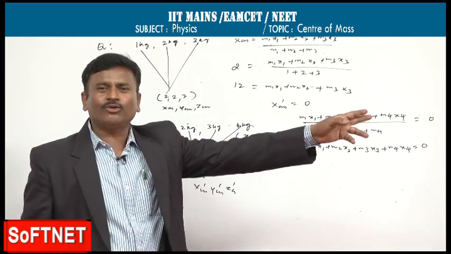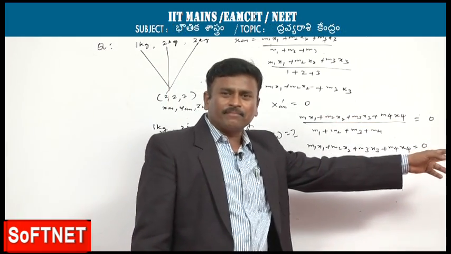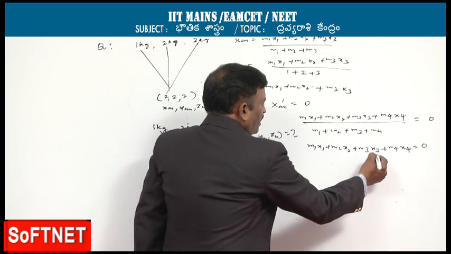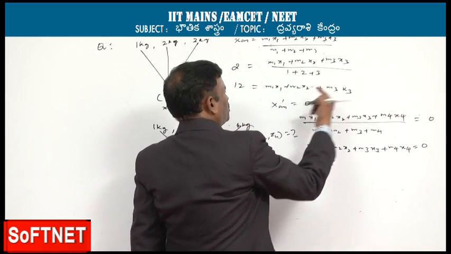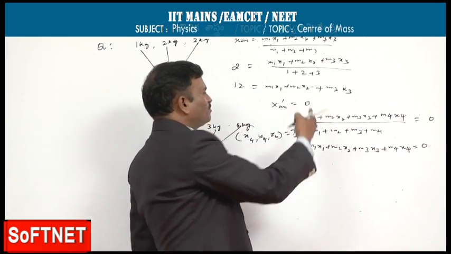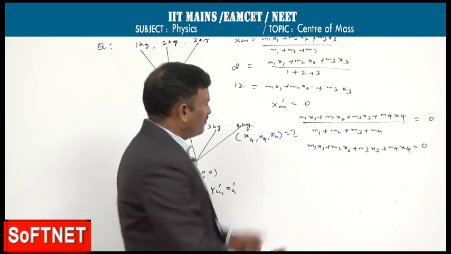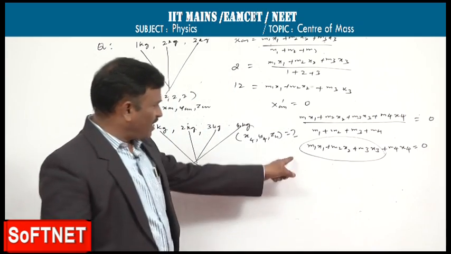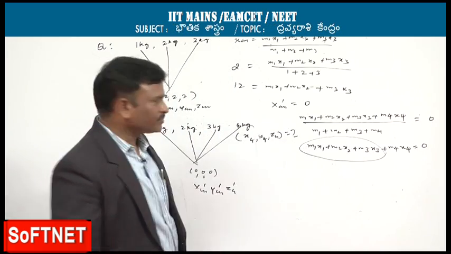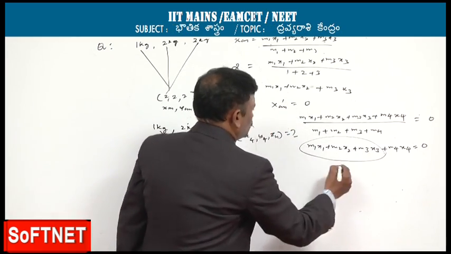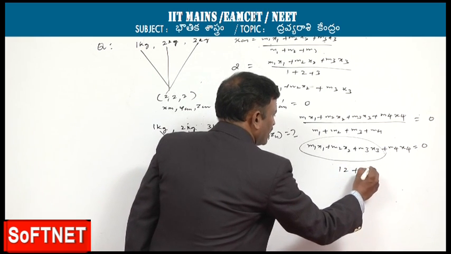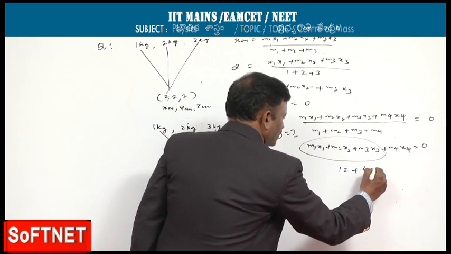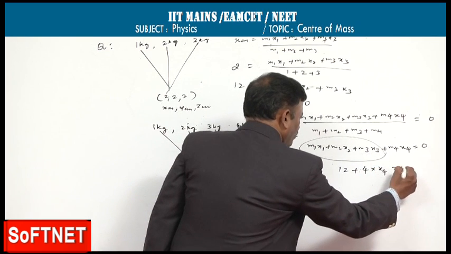Obviously 0 into mass is 0. Then we already know from the first expression that M1x1 plus M2x2 plus M3x3 is 12, so we can substitute it. What is the value? 12 plus M4x4, where M4 is the 4 kg mass and X4 we don't know, we need to find out, equals 0.